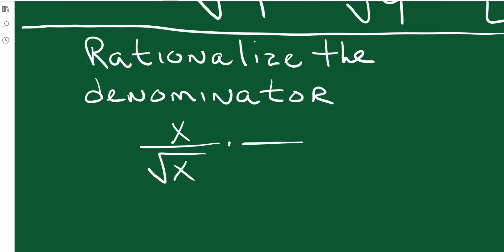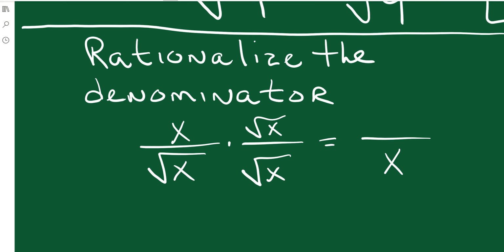So what I want to do here is multiply top and bottom by the square root of x. And the top would be the square root of x. Okay, when I multiply the square root of x times the square root of x, my answer is just x. And when you think about it, you can multiply the radicands, that's inside the radical sign.